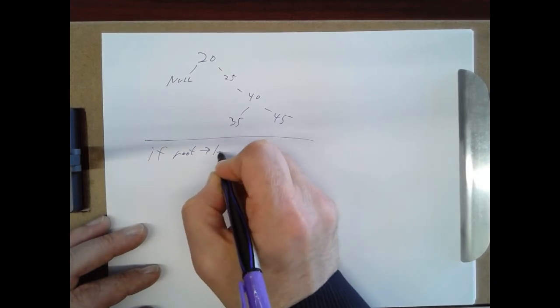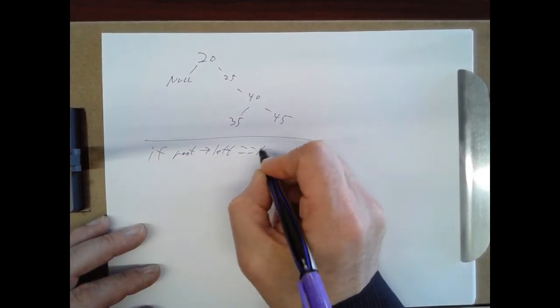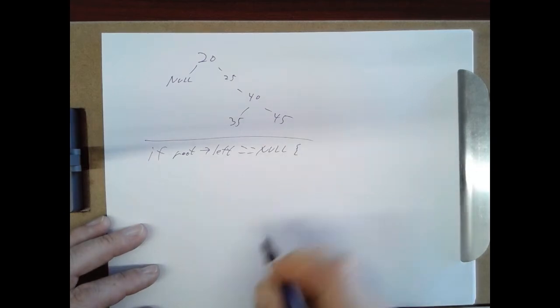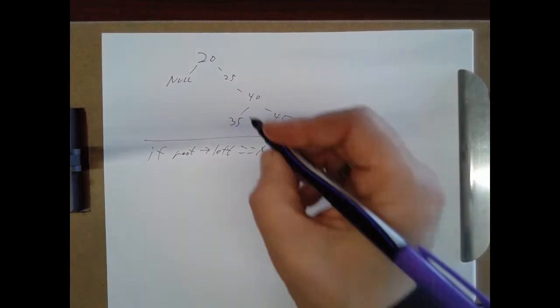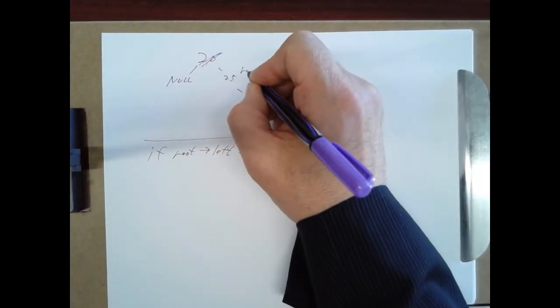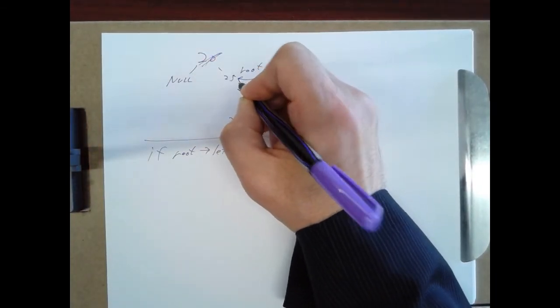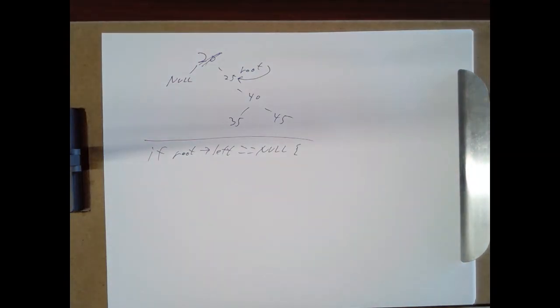If root left is null, then we can't look for the largest node in the left subtree because there is no left subtree. So in this case, our deletion algorithm is different. All we do is simply get rid of the 20 and change the root to be the right child of 20.